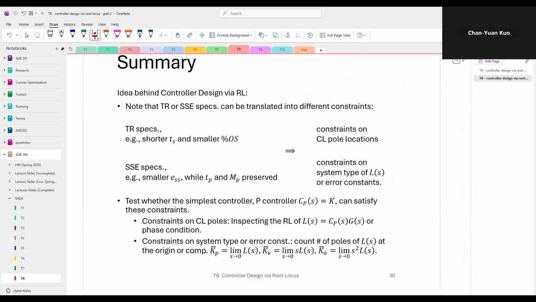And now, to wrap up this lecture, let's summarize the main ideas behind controller design using root locus. The first step is always to translate the design specifications into constraints on the desired closed-loop pole locations, system type, or static error constants.